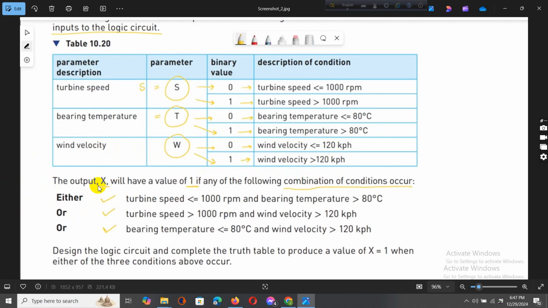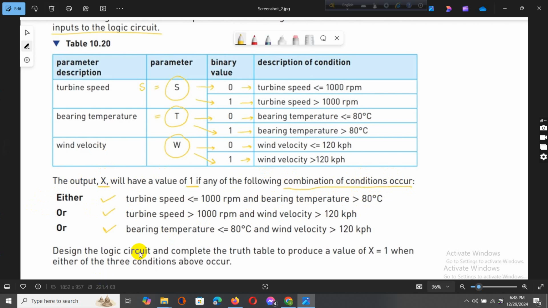So your output X will give you 1 when the combinations of conditions occur. If any of the conditions is true, then X equals 1 and your wind turbine will be shut down.